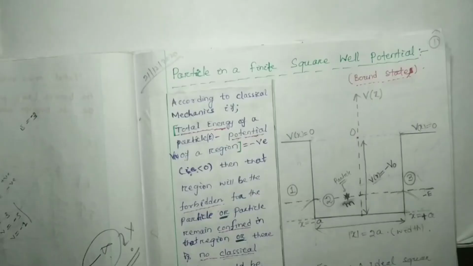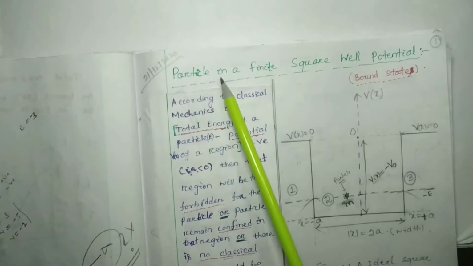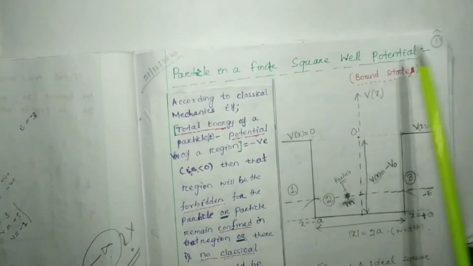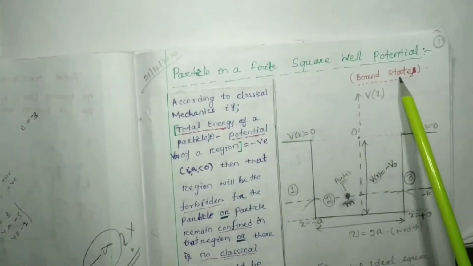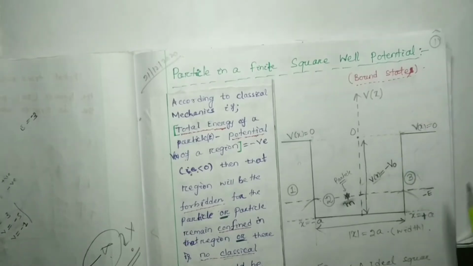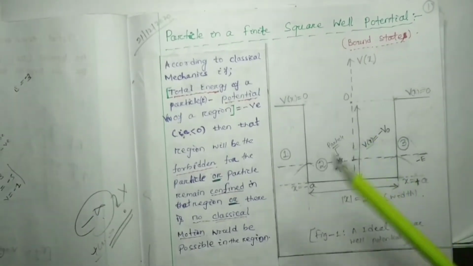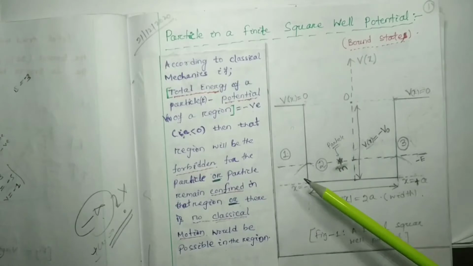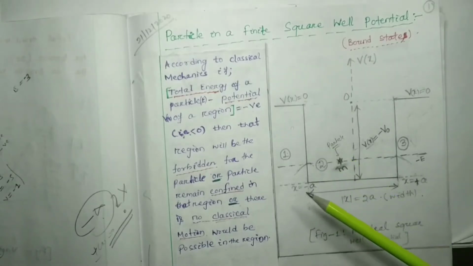We are discussing the topic particle in a finite square well potential, that is the so-called bound state. This is part 2 of this topic.